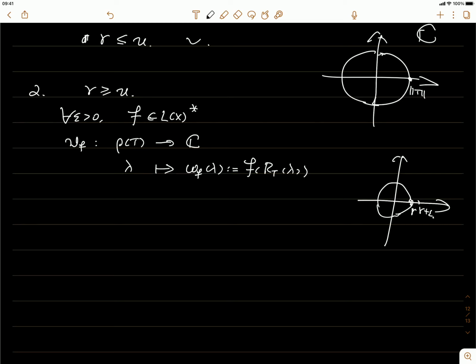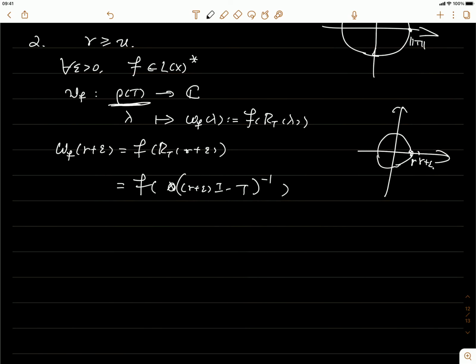So WF at r plus epsilon, I know that is inside the resolvent set, so I definitely can do this. This is F of R_T at r plus epsilon. Let's see what this one is. This is just F of the resolvent, which is (r plus epsilon)I minus T inverse.